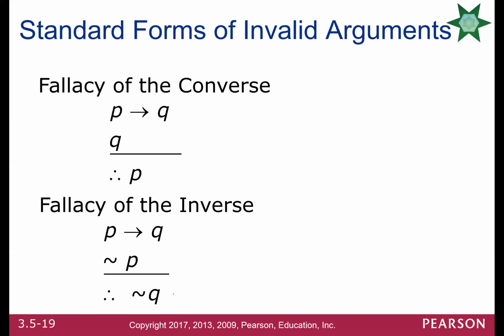If you were to create the truth table for this argument, the answer column would not all be true. So these are our two forms of invalid arguments. So we have 4 forms for valid arguments and 2 forms for invalid arguments. Okay, so you'll want to keep these notes handy as you're doing the homework for section 3.5.